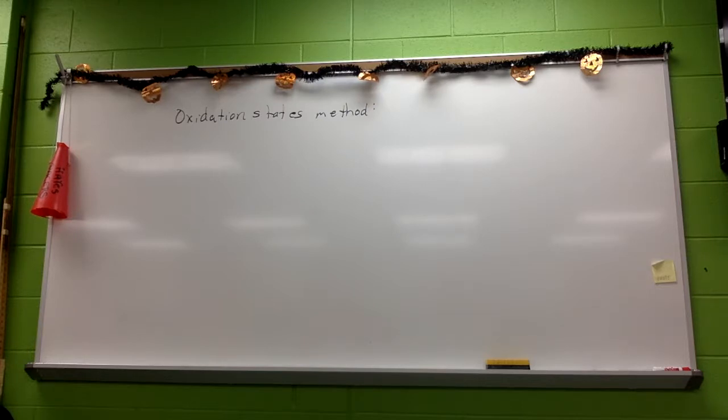Either method can be used for any redox reaction. It's just that the other method that I haven't shown you yet is really useful for really, really complicated reactions. This one is going to be able to be used for almost everything that you will run into in AP.